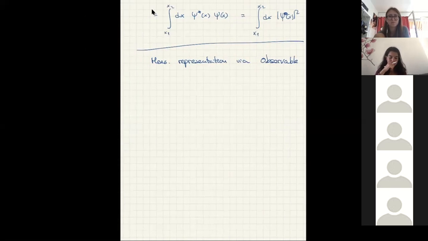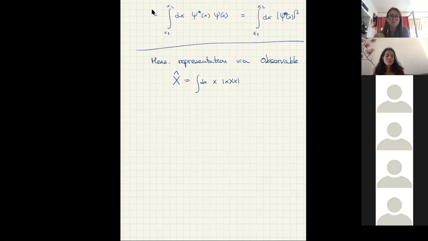For example, if I want the position x, we use this hat to say it's an operator. And this is just the sum of x times the outcome, and then this matrix element.